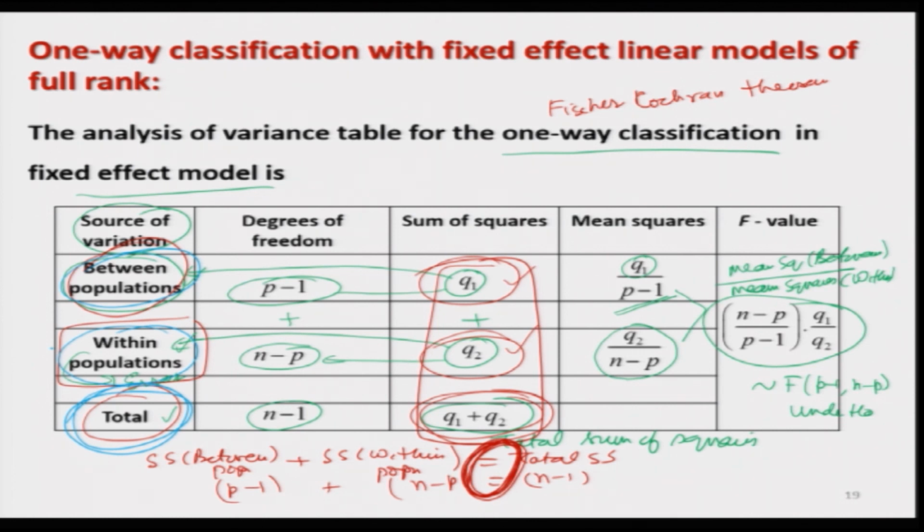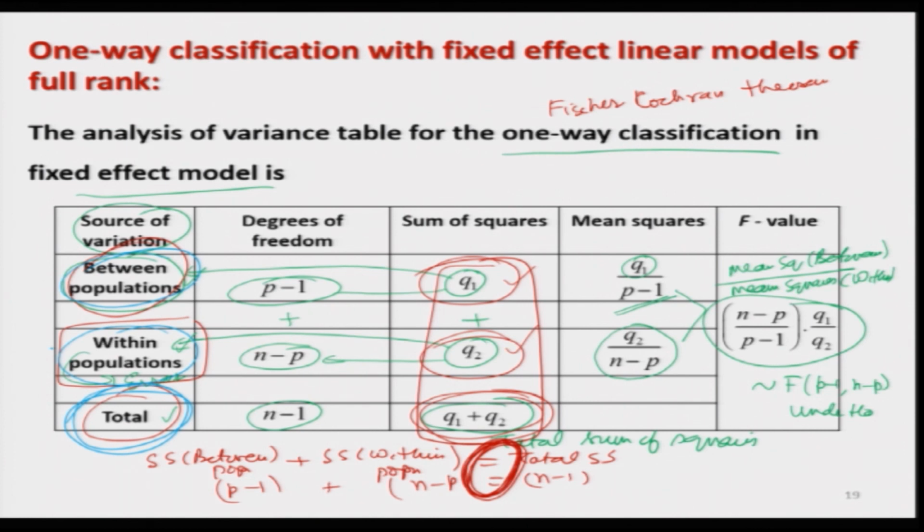The total variation can be partitioned into two parts, the variation due to differences within the population and between the populations, that is all. And obviously, based on this we can take a call in terms of applications about which levels are important and which are not. That we will discuss when we come to design of experiments.